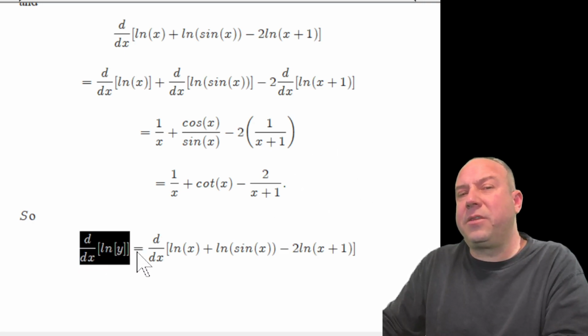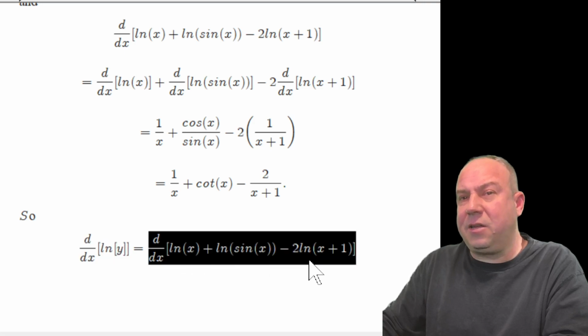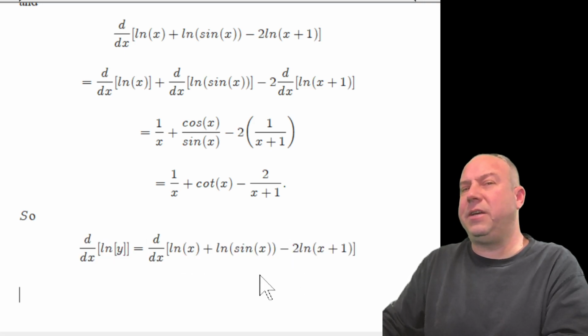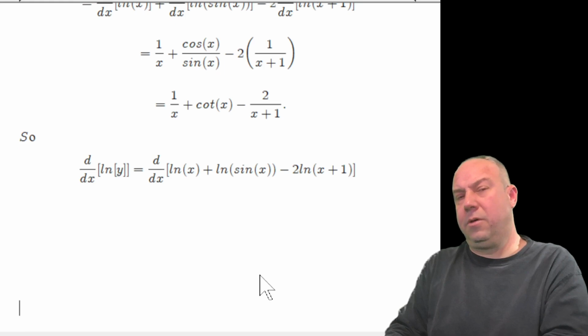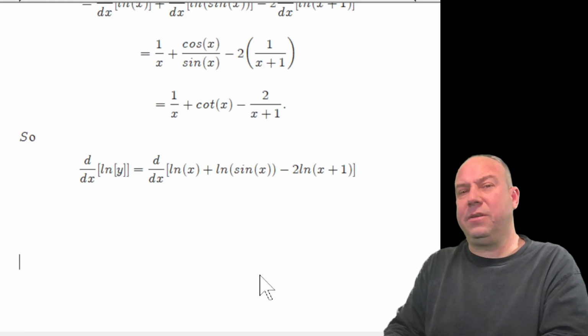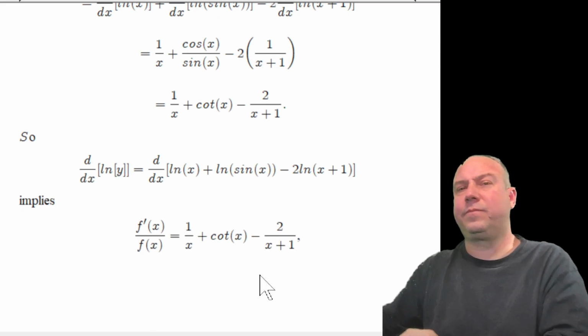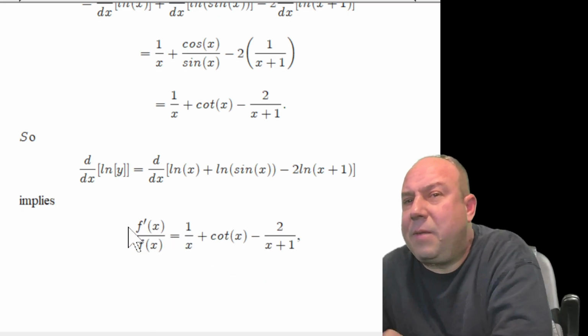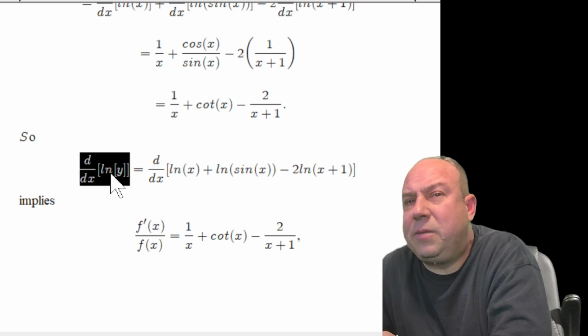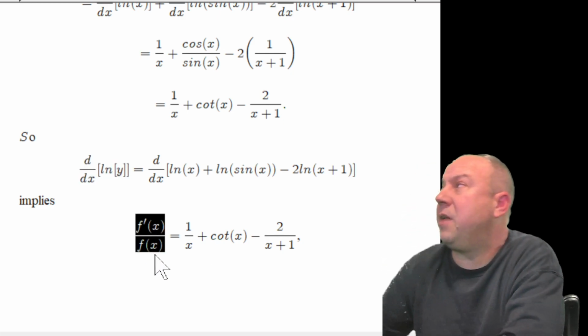So when we think about the derivative with respect to x for the ln of y, the derivative of this result seen here, what we notice is it's given by this result seen here. It'll end up implying on the left-hand side, we simplified this to f prime of x divided by f of x.